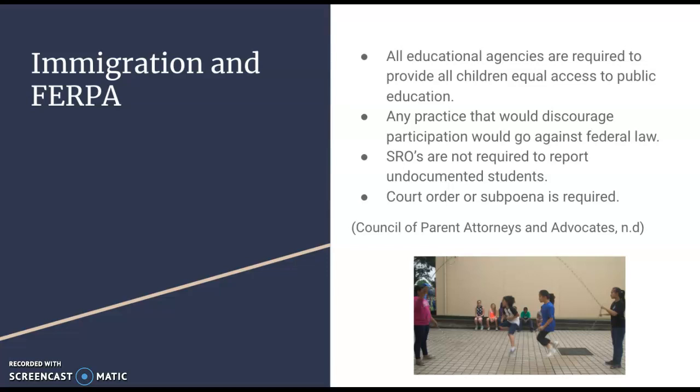So any practice that would discourage participation from students coming to school would go against a federal law. So that means that we do not have to turn over a student's immigration status to ICE, and that student resource officers are not required to report undocumented students that are living in the United States. We would only have to do that if there were a court order or subpoena that was requiring us to do so.